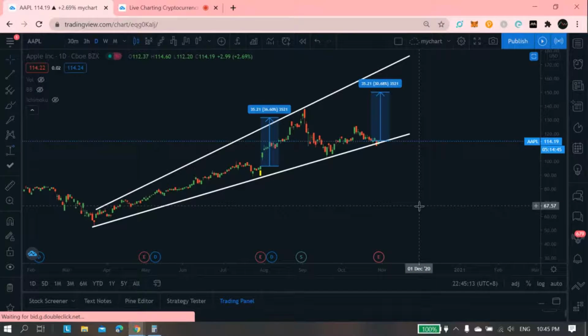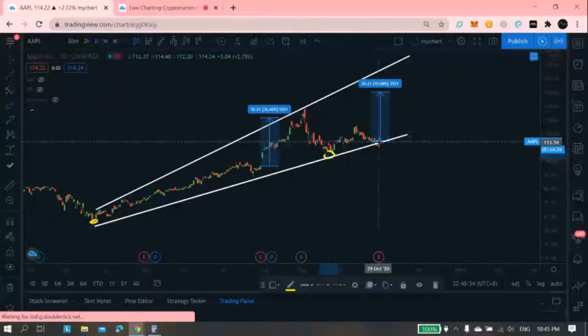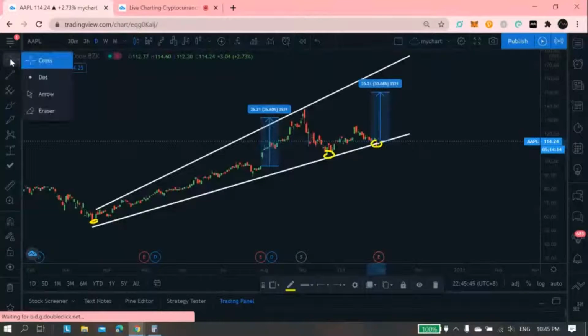If ever I will trade this Apple share, this is the support. I'm always saying support and resistance because, of course, as traders we need to buy at support and sell at resistance. Actually, I can make a test buy here and just wait for the earnings release tomorrow.